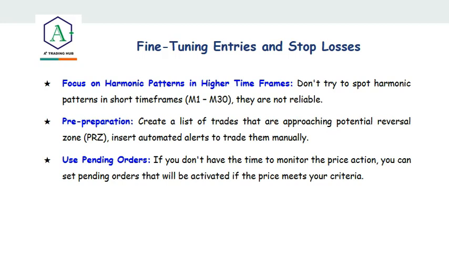Your SL should be away from the signal, and your TP should be at the point B or point C zones. So this is how you fine-tune your entries and stop losses when using the harmonic pattern approach on any currency pair, commodity, or any financial market, be it forex, crypto, equities, or binary.